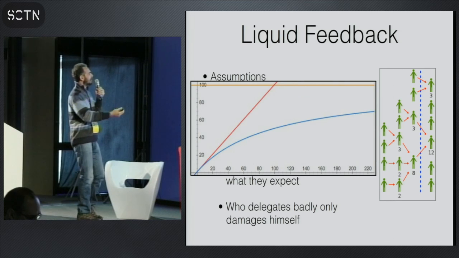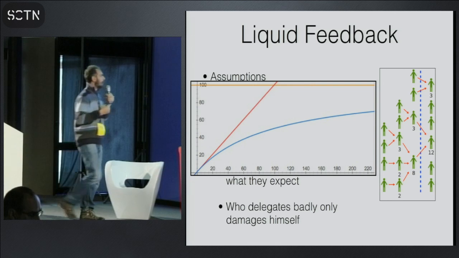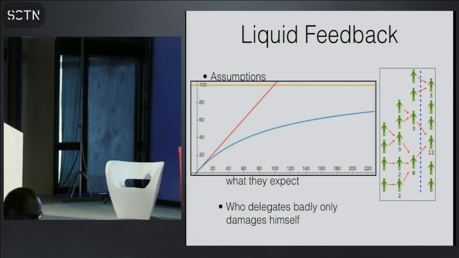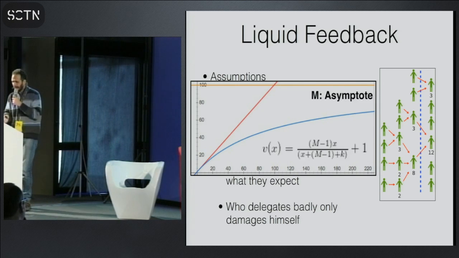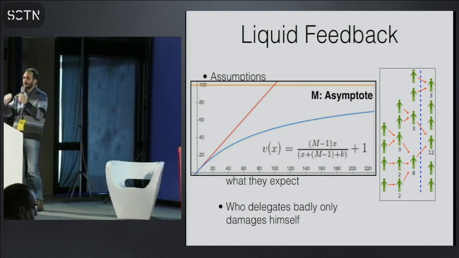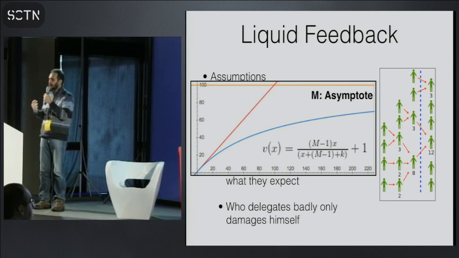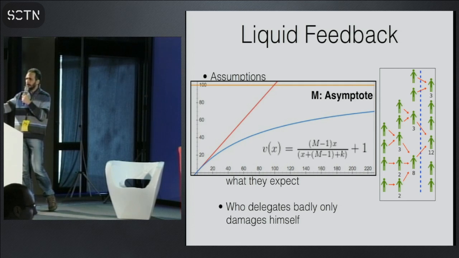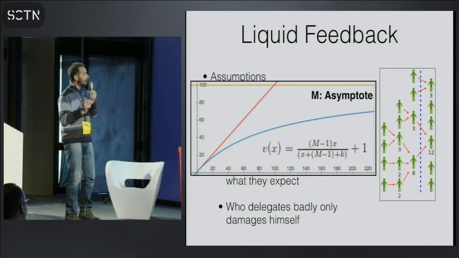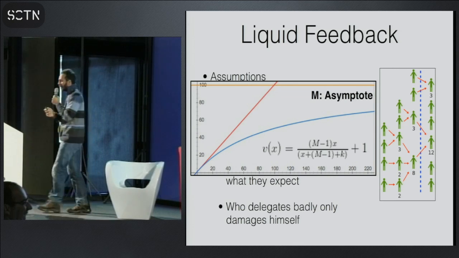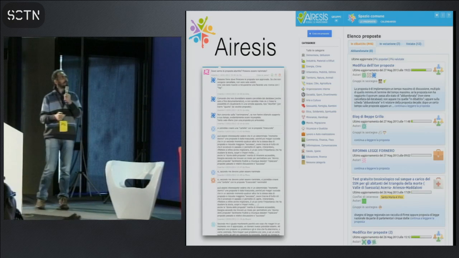So, for example, if someone receives 40 votes, you could just decide that instead of giving him a power of 40, you follow that blue line over here, which is a function that has an asymptote, so it never goes above that limit. The result of this is that no one will have too much power, but every new vote that you receive as a delegation will always improve you. And the equation is here for Antonella, who said that I should not dare to put any graph unless I put also the equation over there.